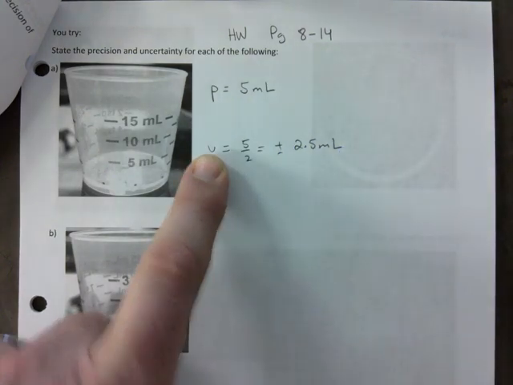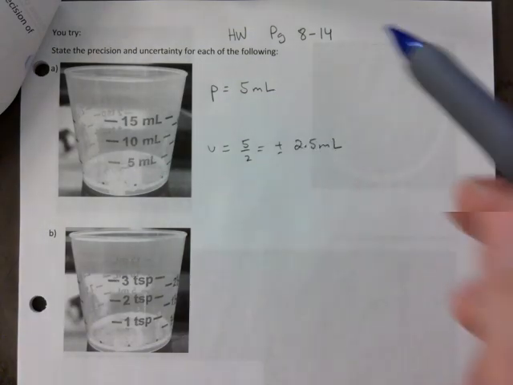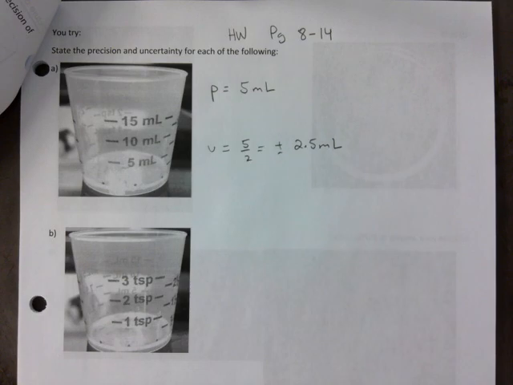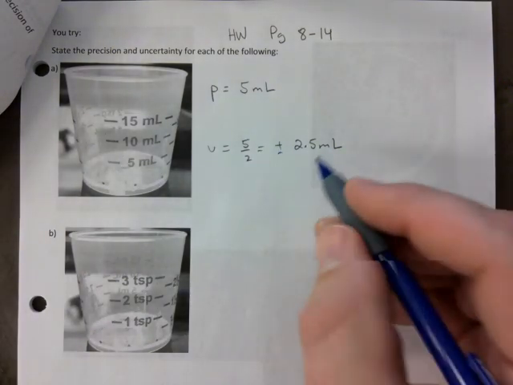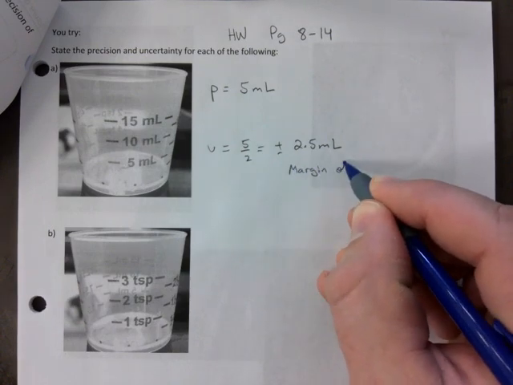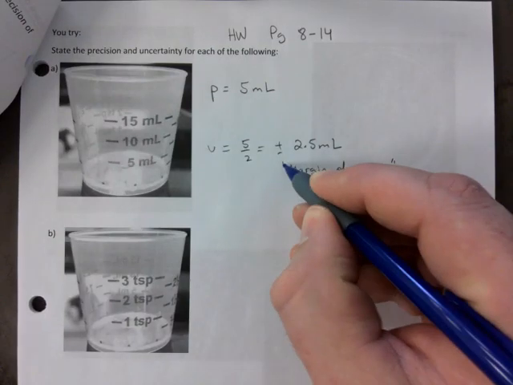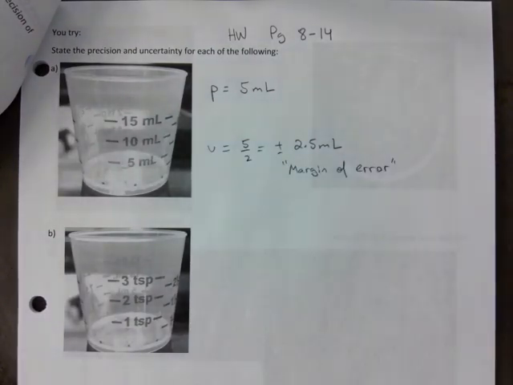If you get this concept at the end of today, you're doing pretty good. Because in terms of math, this is all we're doing today is we're figuring out the precision. From there, we get our uncertainty. It's the margin of error. Let's write it down one more time. Margin of error. So it's basically that's what we're allowing to be off by.